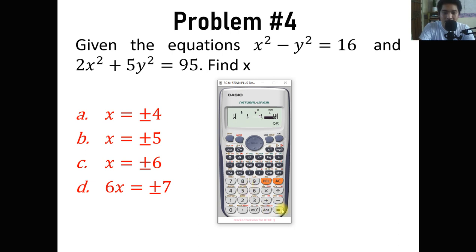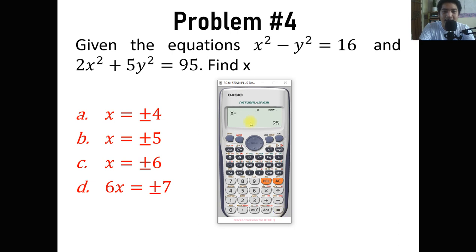Take note, what we will get here is the value of x squared and y squared. So the problem is actually asking us for the value of x. It means whatever value the calculator solves, we have to get the square root of that. So we have x equals 25 and y equals 9.